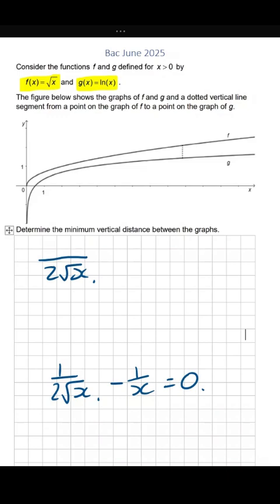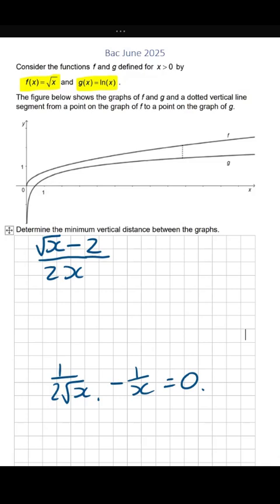Okay, now, not 2 root x, don't be silly. 2x, that's more like it, because of course x doesn't go into root x, whereas root x does go into x. So if I had 1 over 2 root x and my new common denominator is 2x, what do I multiply 2 root x by in order to get 2x? I multiply it by root x. So there we go, that's my left-hand side sorted out. And then we have minus 1 over x. If our new common denominator is 2x, that's going to be root x minus 2.